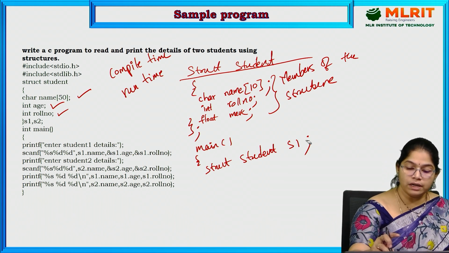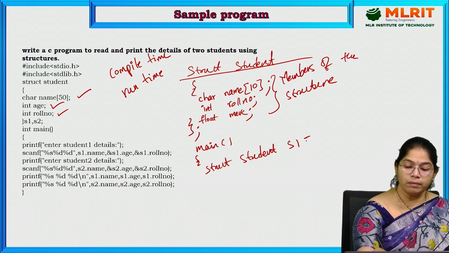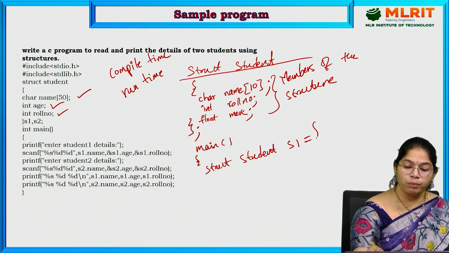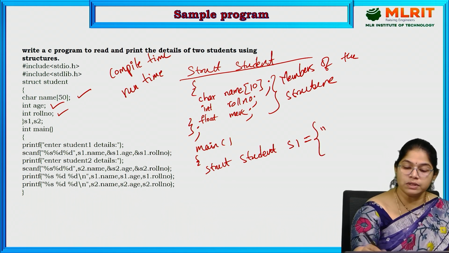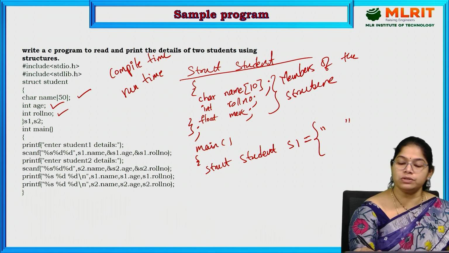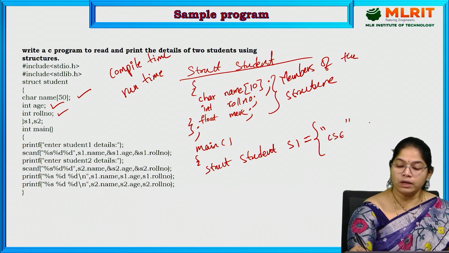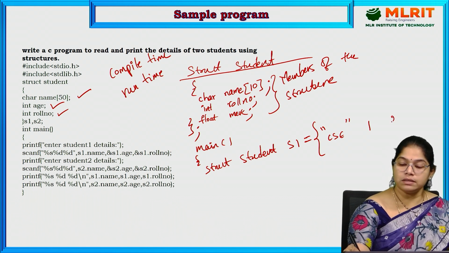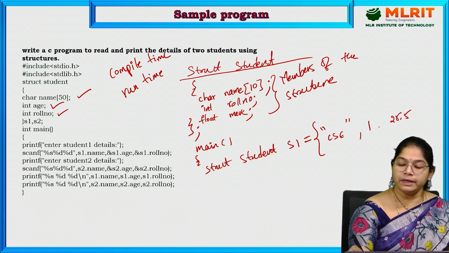So here I declared the structure variable as S1. Here only I am initializing the values to that S1. The name is of type string, so that must be enclosed in double quotes. So here CSC. Then the roll number is of integer type, so 1. Then marks is 25.5 because I consider it a float. These are separated by commas.